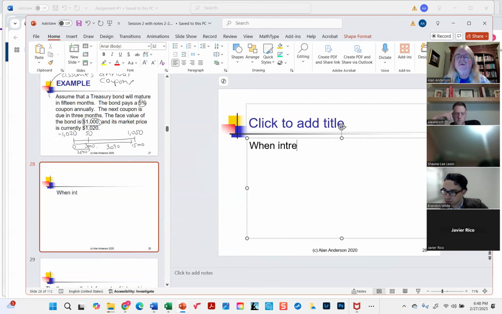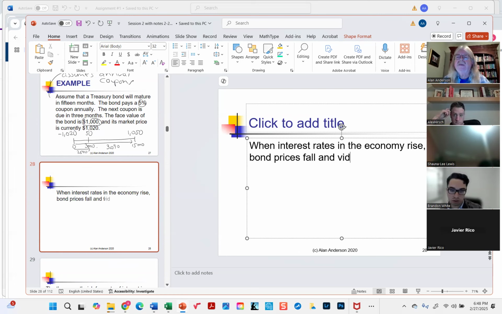When interest rates in the economy rise, bond prices fall, and vice versa. So if there's talk in the market about the Fed cutting rates, as a bondholder, you should be dancing, because that means the value of your portfolio is going to go up.